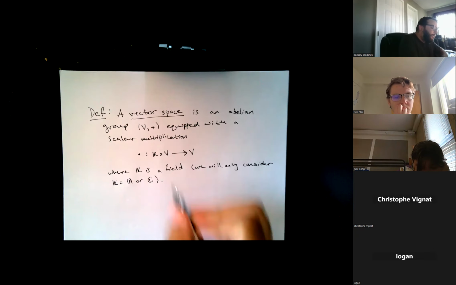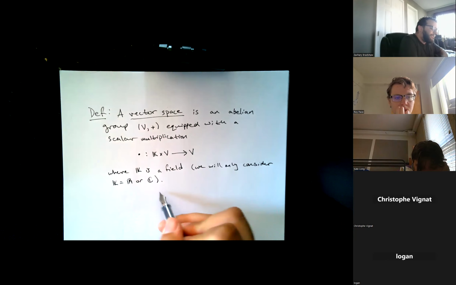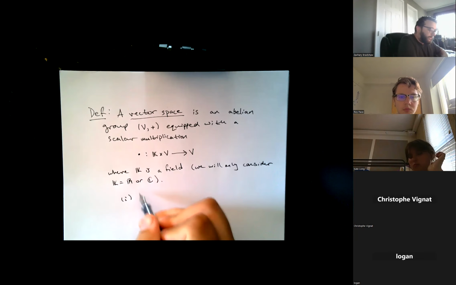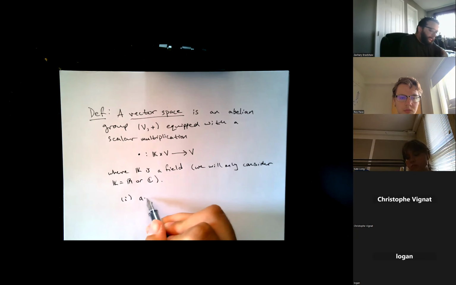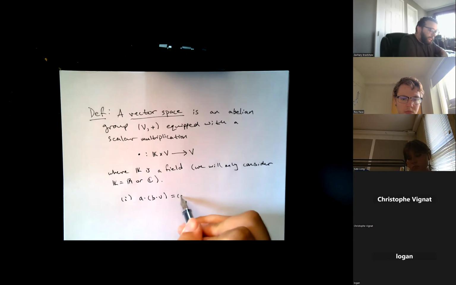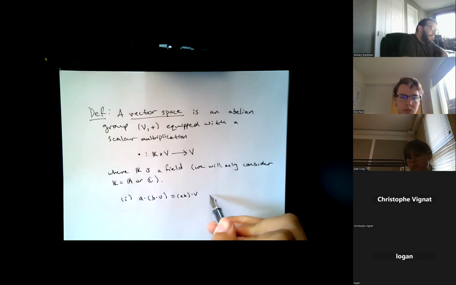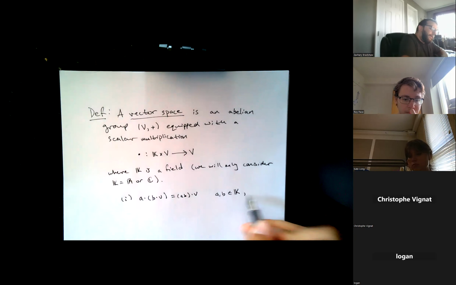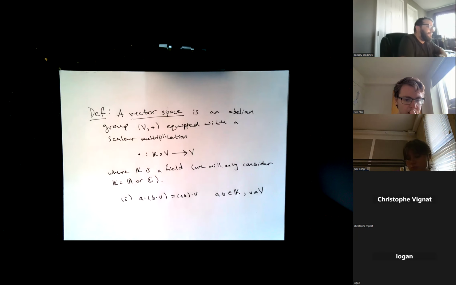So we have this scalar multiplication, and it has to satisfy four properties. So the first is that a times b times v is equal to a times b times v, where a, b are in our field, and v is in our vector space.